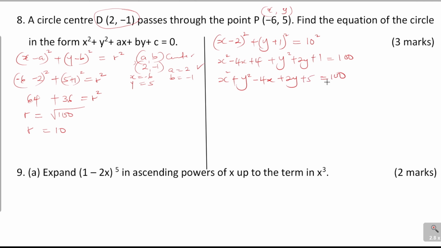Again, I should bring the constant to the left hand side. So the final equation will be x squared plus y squared minus 4x plus 2y, then subtract 100 from both sides, so we get 5 minus 100, that is minus 95, is equal to 0. That is the required equation.